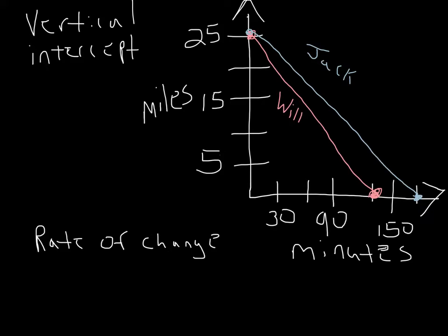Therefore, what's the starting point for Jack? It looks like it's the same starting point for Will. That would be 25. So they both start out with 25 miles to go. Therefore, our vertical intercept would be 25 for both guys.